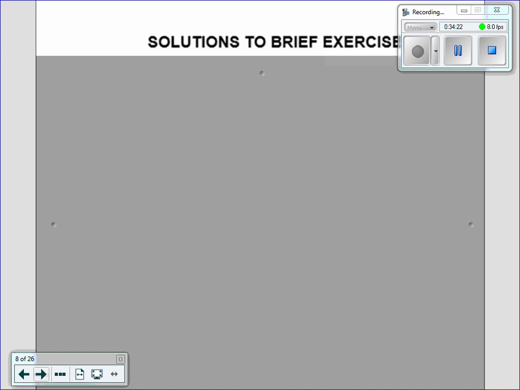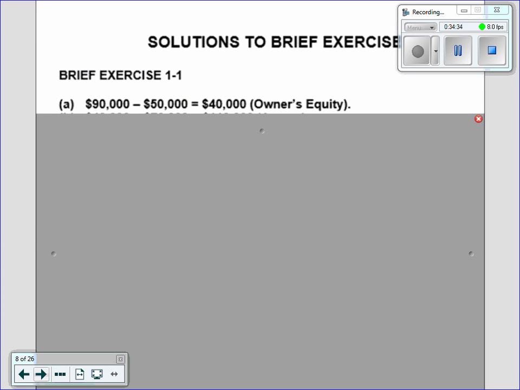A, we own $90,000 in assets, but we owe $50,000 on those assets. What is our worth? $40,000. It's like you owning a $90,000 sports car, but owing 50 grand on it, you're really only worth 40.